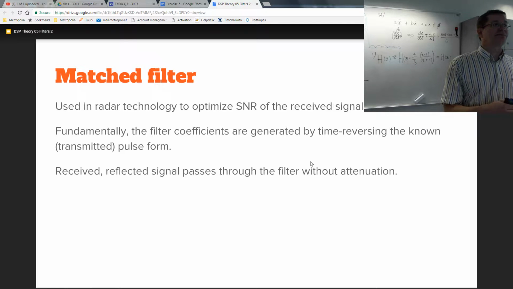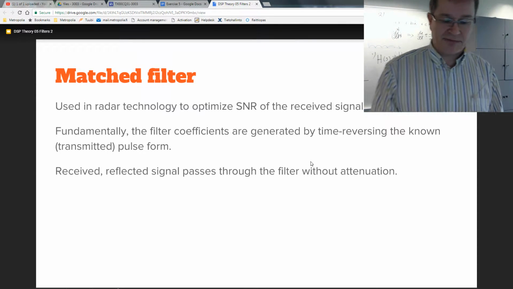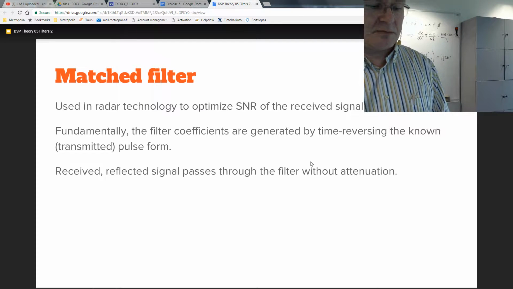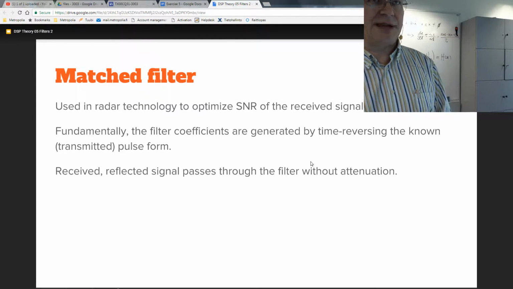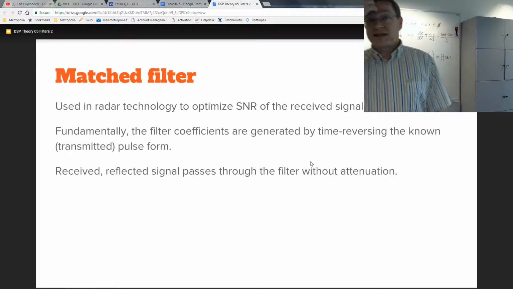Matched filter is also a kind of special filter used with all kinds of measurements. Basically, the idea is quite simple.